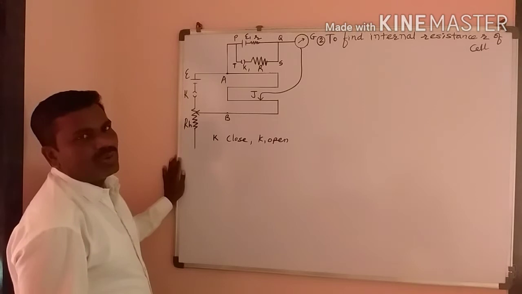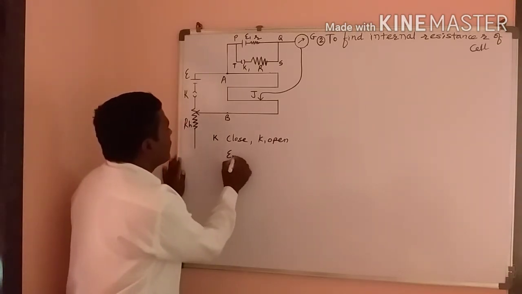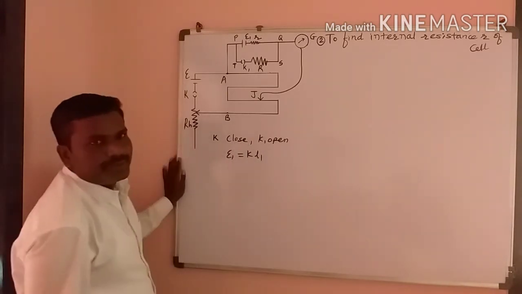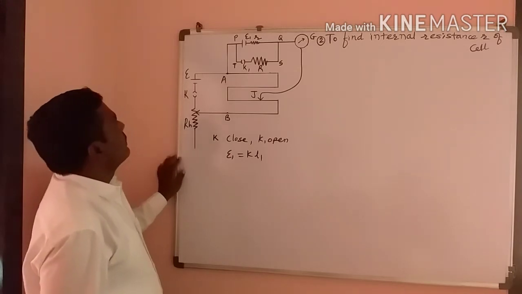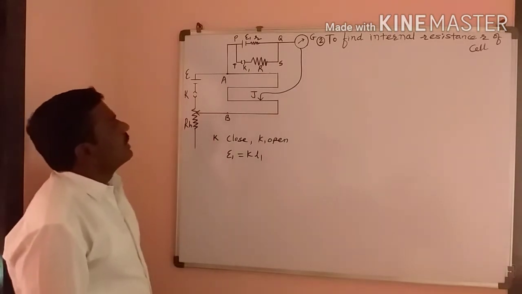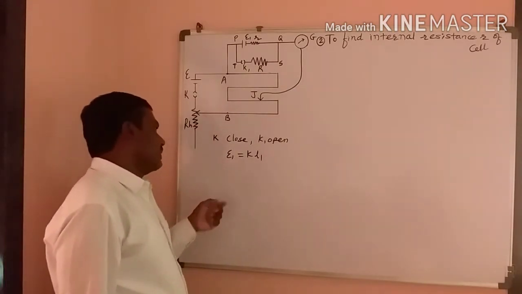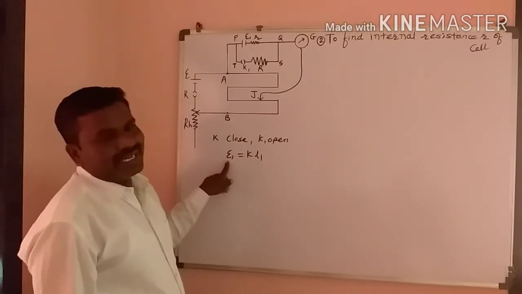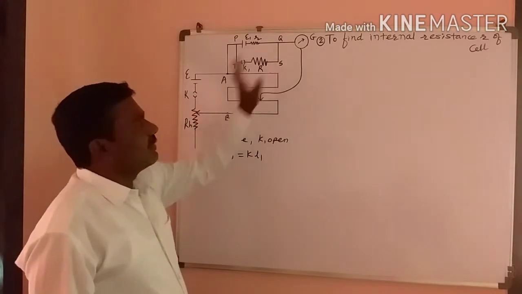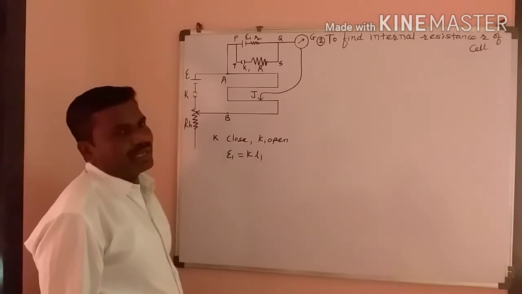According to the potentiometer principle, the EMF E1 is equal to KL1. When K1 is open, we find the null point on the potentiometer. According to the potentiometer principle, the EMF of a cell is directly proportional to the length of the potentiometer wire where we get the null deflection, and from that we write E1 is equal to KL1.